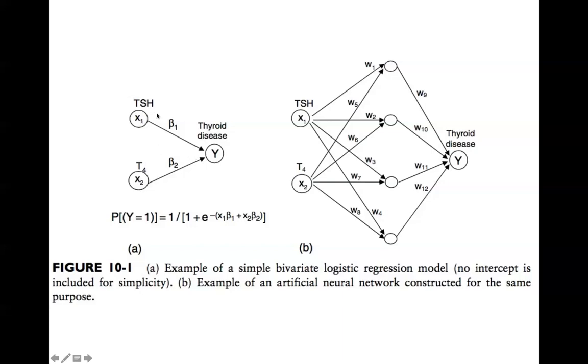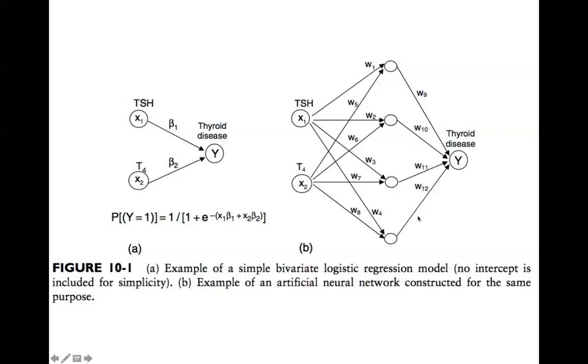For example, if both TSH and T4 are low, that can create thyroid disease. Based on this formula, we cannot really observe simultaneously the effect of TSH and T4.